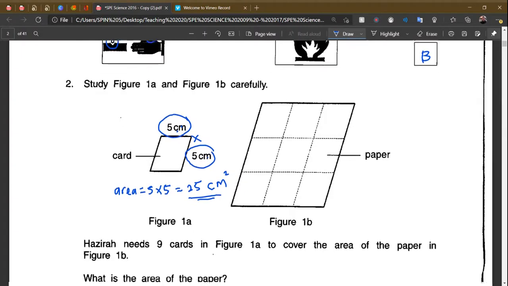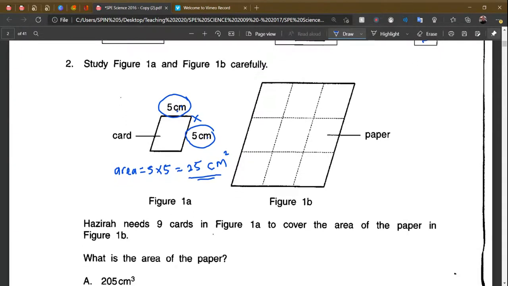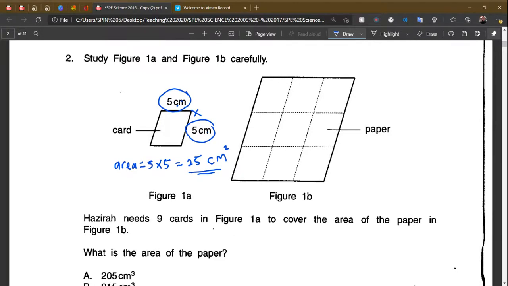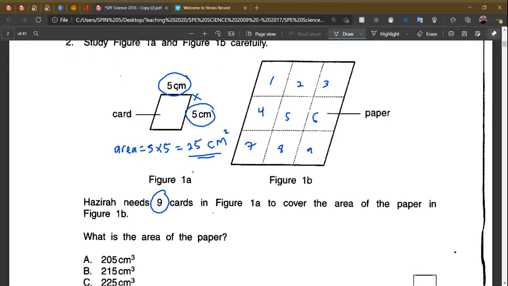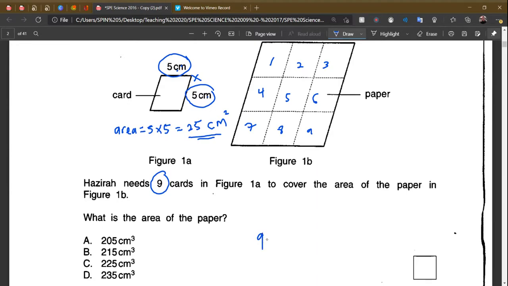And then Hazira needs 9 cards in figure 1A to cover the area of the paper in figure 1B. What is the area of the paper? So you have already figured out the area of one card, and then she said you need 9. Just double confirm: 2, 3, 4, 5, 6, 7, 8, 9. Therefore, since one area is 25, 9 cards is equal to 9 times 25 square centimeter.